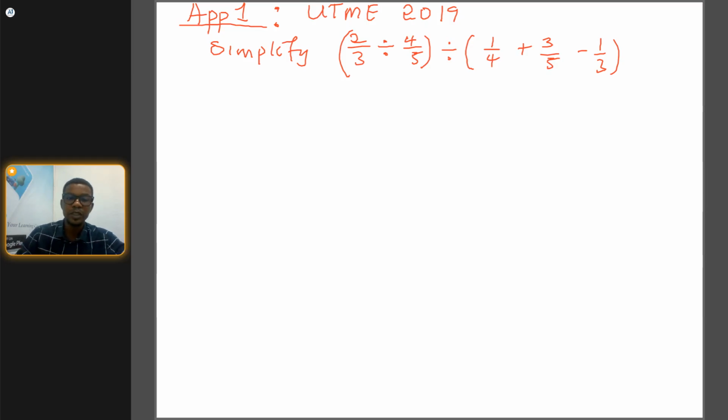We're asked to simplify (2/3 divided by 4/5), close this bracket, divided by, open another bracket, (1/4 plus 3/5 minus 1/3). UTME question 2019. We're asked to simplify this question.